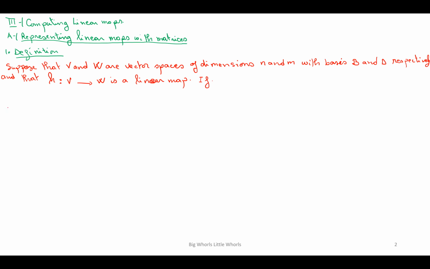So if the representation with respect to D, the codomain basis, of the images of the vectors of the domain basis, that's a very long sentence, but let me write it.